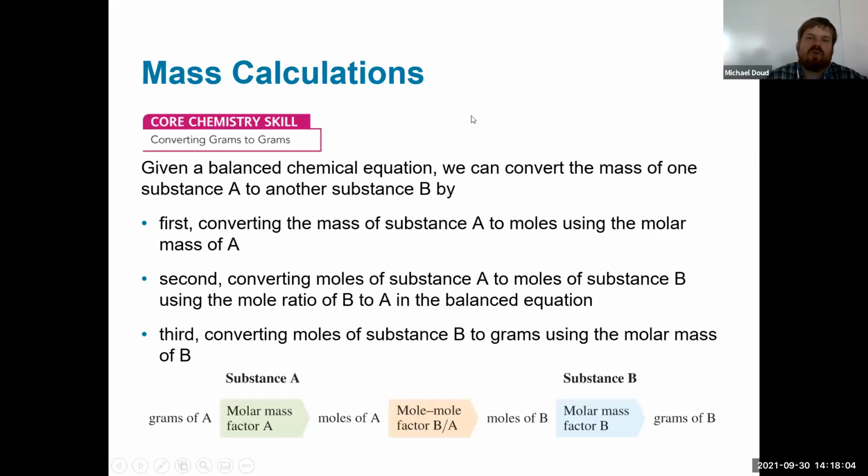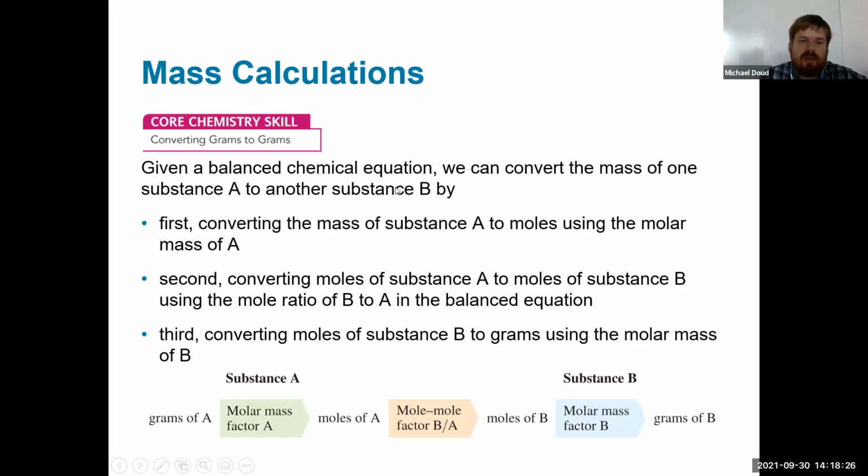So what we're going to do next is combine these mole factor calculations with molar mass calculations. And from that, we'll be able to determine, given a certain amount of a substance A, how much of substance B is needed or substance B is produced.